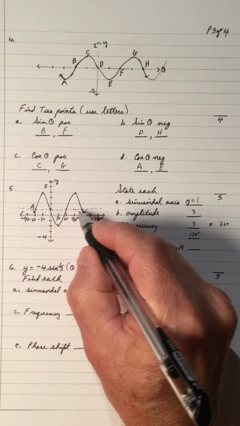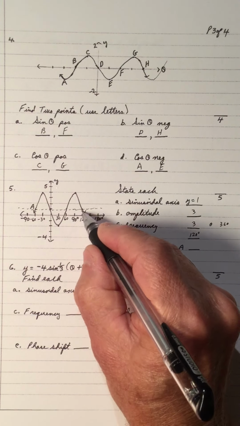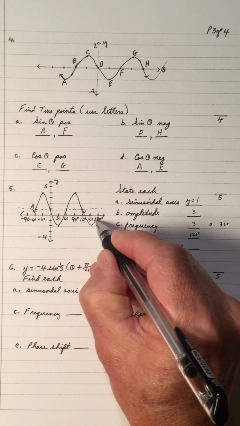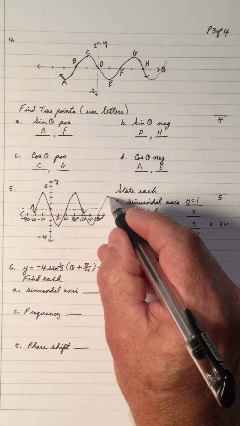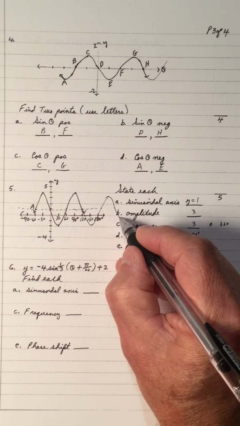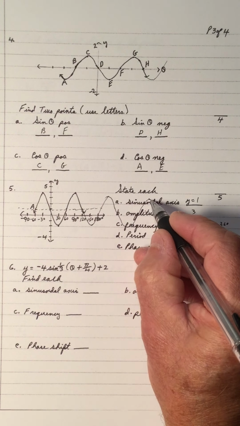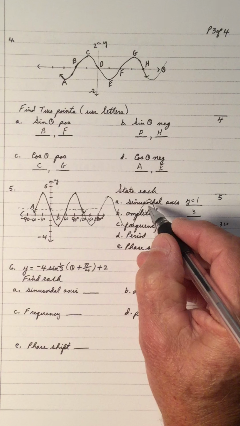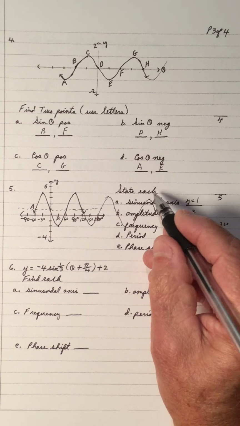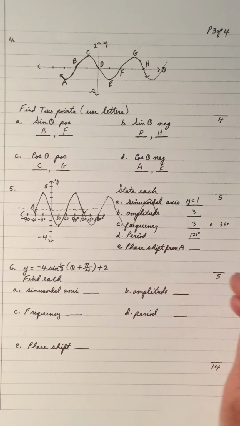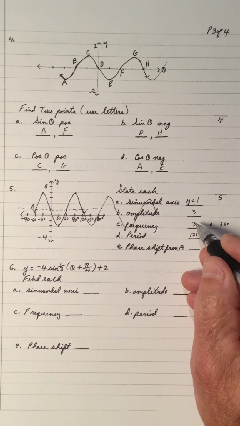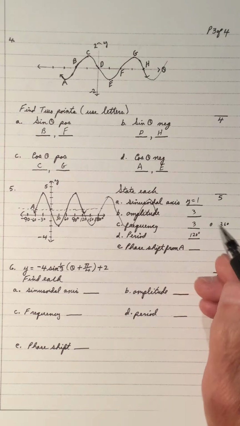So if you kept on graphing this, you get 1, 2, and you go again, you get 3. 1, 2, 3. So the frequency is 3 of them between 0 and 360.